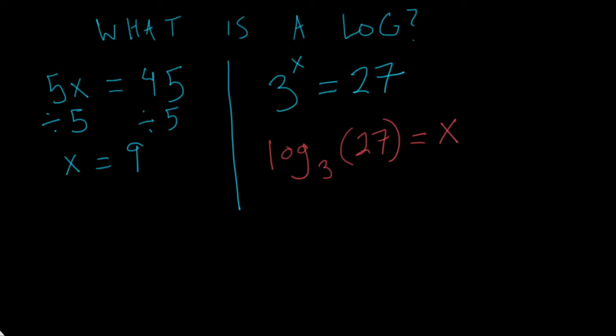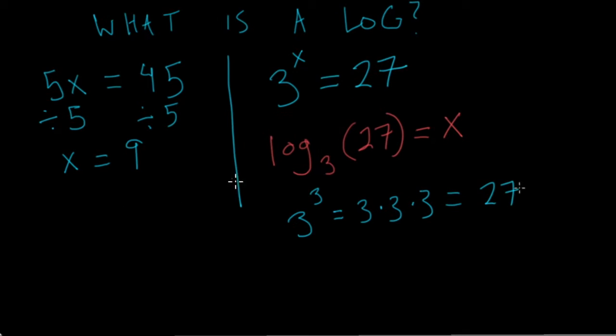Now, in order to solve this, we would say, okay, 3 to the what power is equal to 27? Well, we know that 3 to the third power is equal to 3 times 3 times 3, which is equal to 27. So that means that our missing exponent, our x, would have to equal 3, because 3 to the third power is 27.